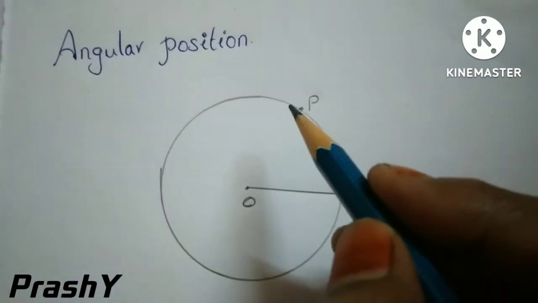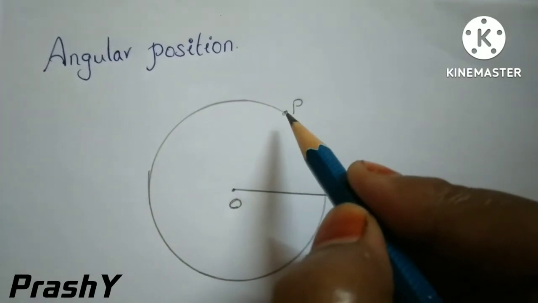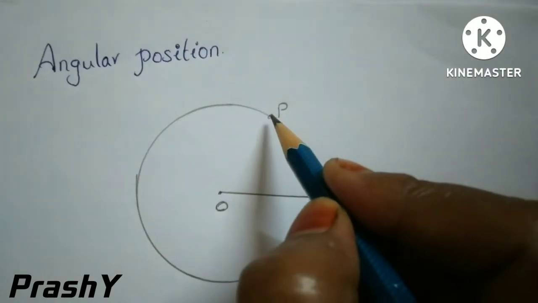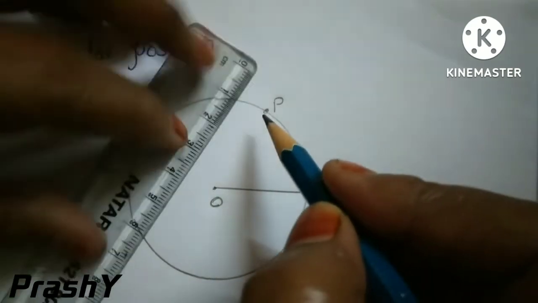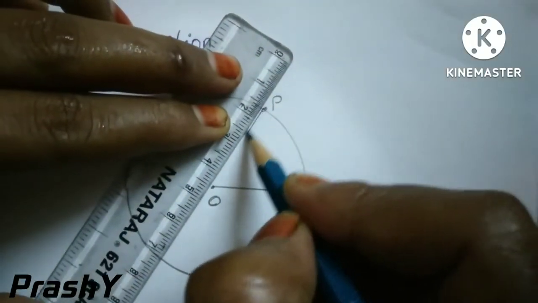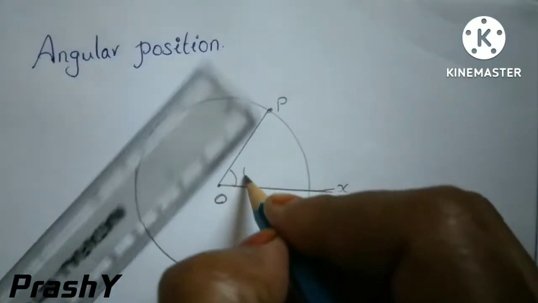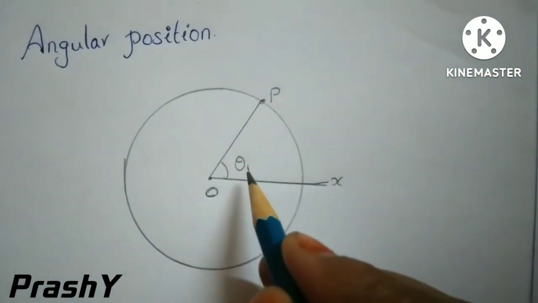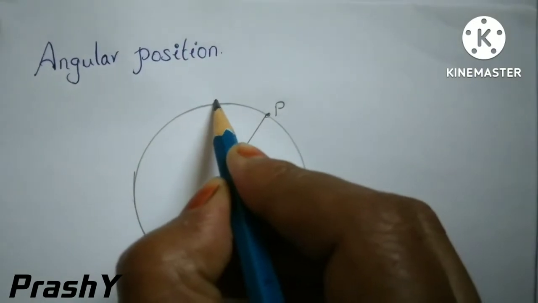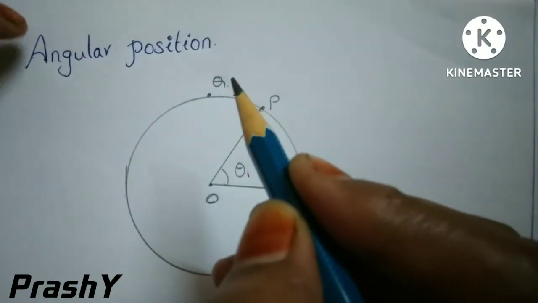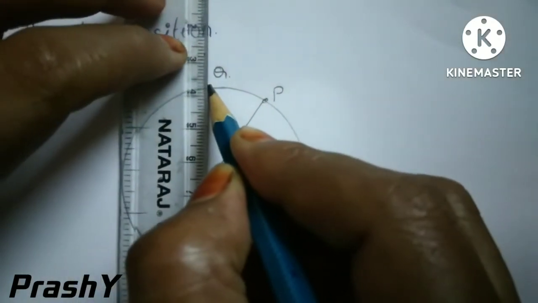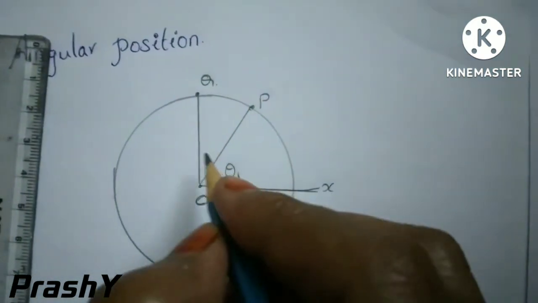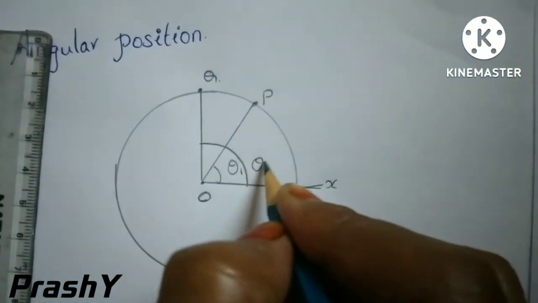To describe the position of the particle, we draw a line joining OP such that OP makes an angle theta 1 with OX. So the angular position of point P will be theta 1. If we consider another point Q, join QO, which makes an angle theta 2.